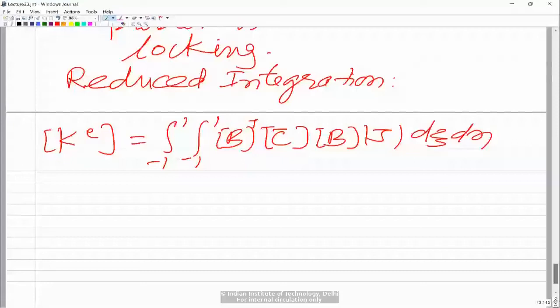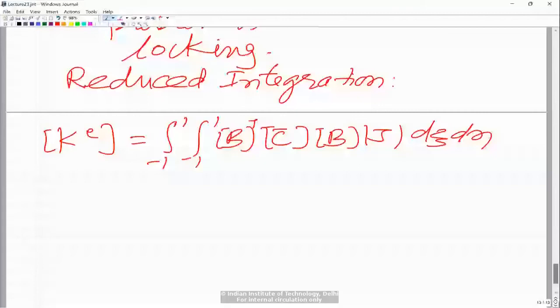We split the total strain energy into two parts: the strain energy due to in-plane strains, that is epsilon xx, epsilon yy and gamma xy, and we separate out the strains epsilon xz and epsilon yz. Those are the transverse shear strains.